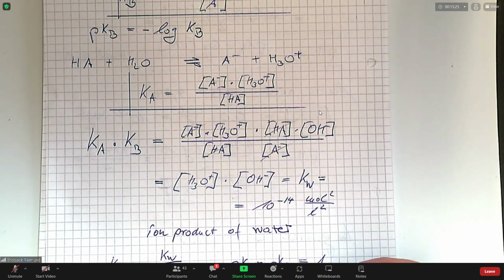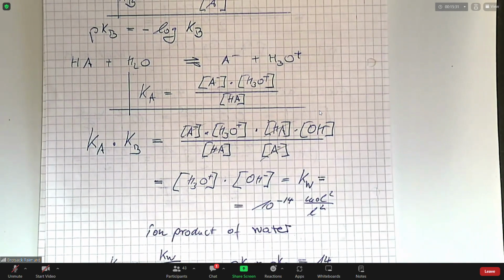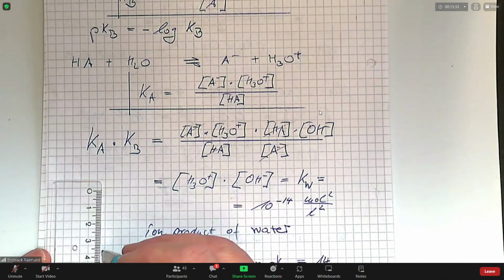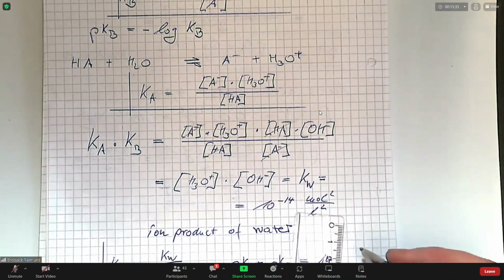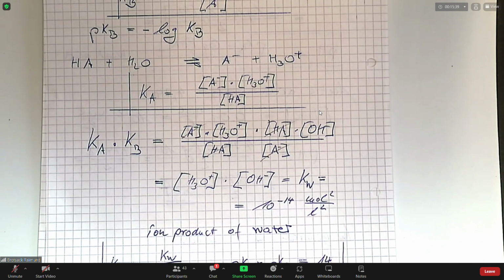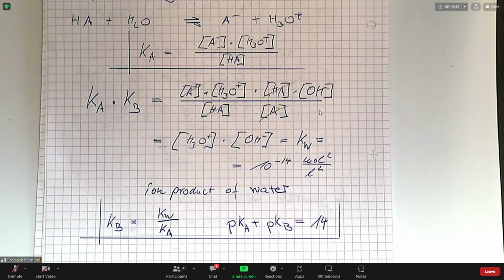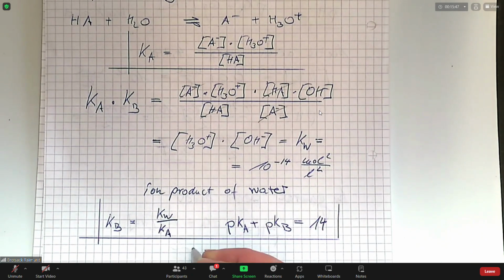It's 14. This is true when we look at one system which acts as an acid in the one way or a base in the vice versa way. It's always true. So for a corresponding acid-base pair, this is true.